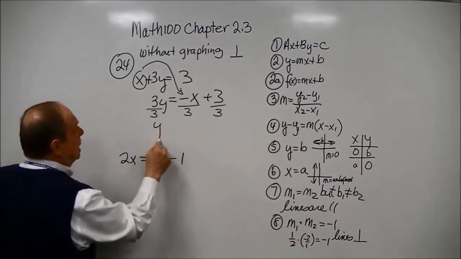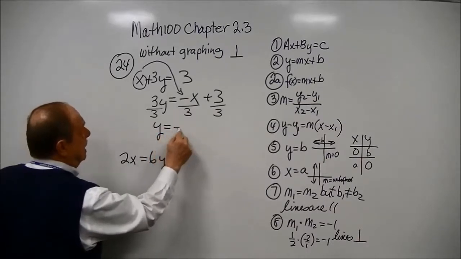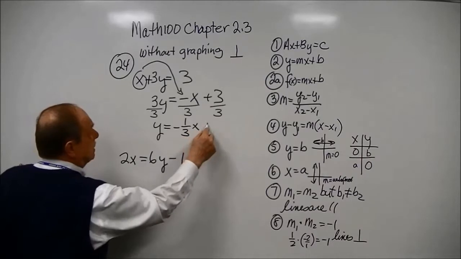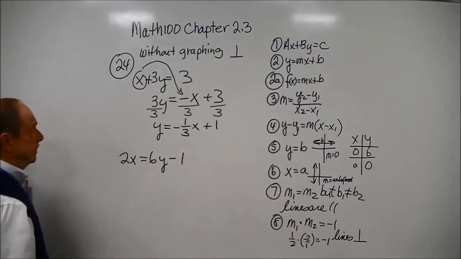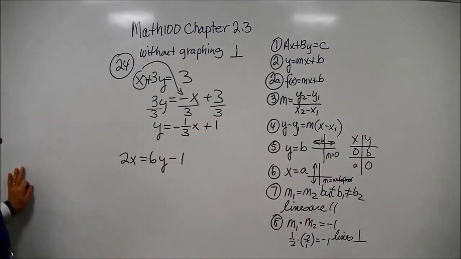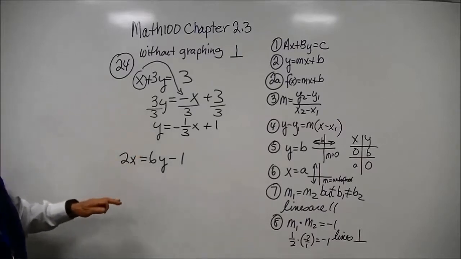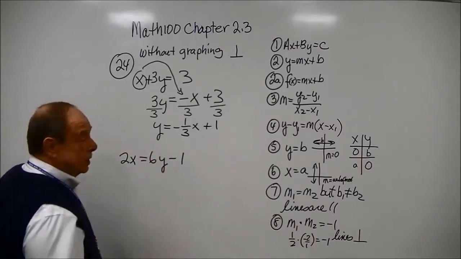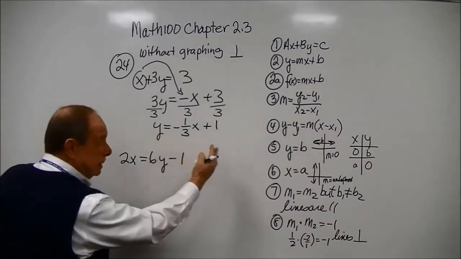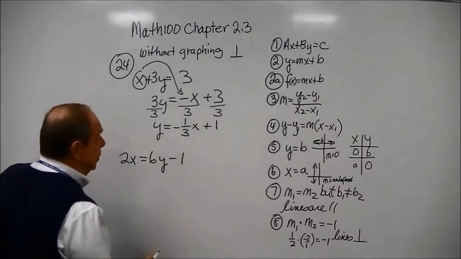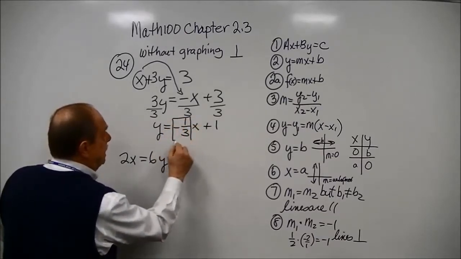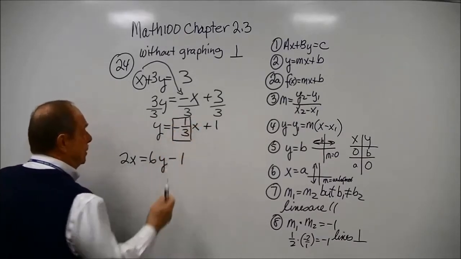And I get y equals -1/3 x plus 1. Now when I did this before, I was kind of jammed up for room, and it's really critical that you have it clearly representing what is the slope. So the slope of this equation is -1/3.